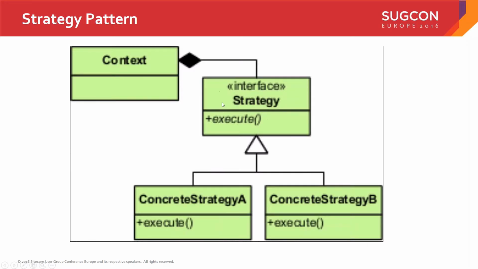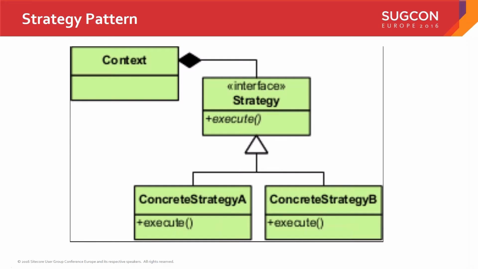We have a strategy object with this method defined. And then we have concrete strategies. This is an interface, and it defines these, but really this is being used in a particular context, which is also used somewhere else.